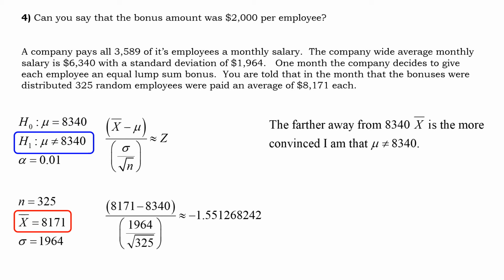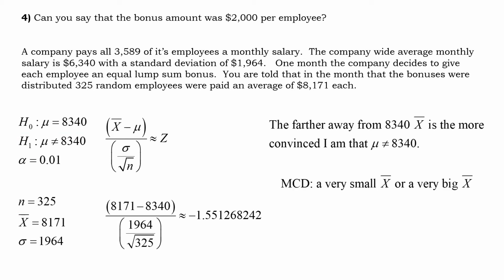And the farther away X bar is, the more convinced I am that mu does not equal 8,340. So, bottom line, more convincing data in this scenario is either a very small X bar, something much less than 8,340, or a very big X bar, something much bigger than 8,340.